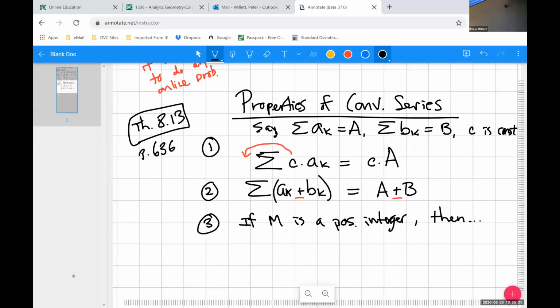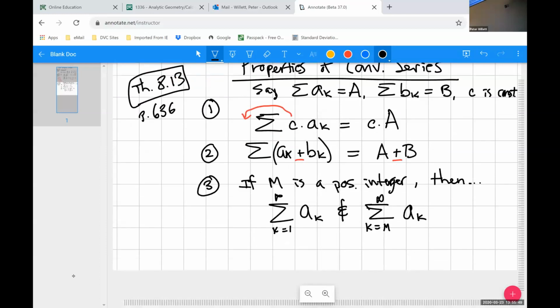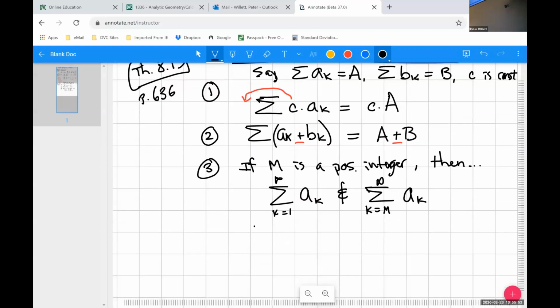then the summation as k goes from 1 to infinity of some series a sub k that converges, and the summation as k goes from m to infinity of the a sub k's converge or diverge together.